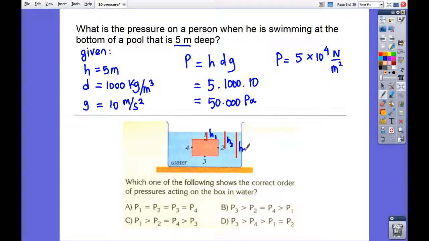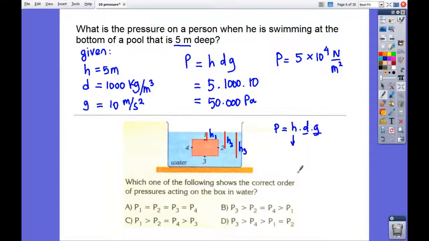H1, H2, and H3. As we know, the liquid pressure depends on the depth, density, and gravitational acceleration. The density of the water for points 1, 2, 3, and 4 is the same, and gravitational acceleration also stays the same.